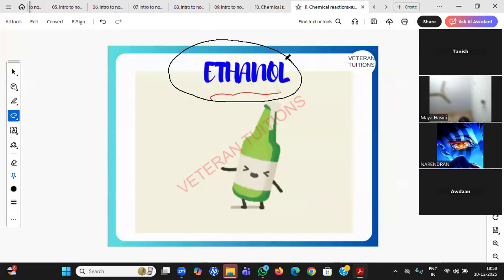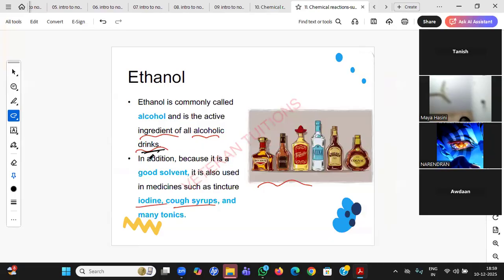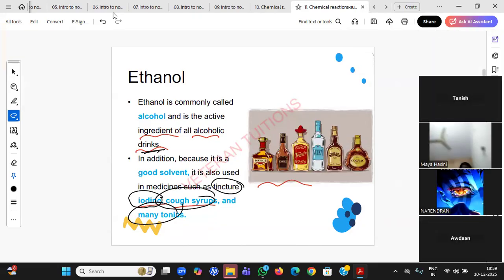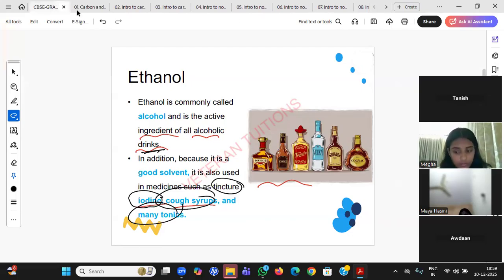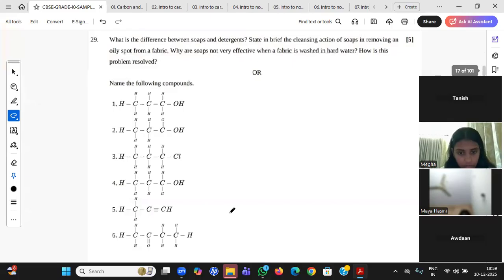You see, alcohol is definitely used by people as a beverage. And it is used in limited quantity in tincture iodine, cough syrups, many tonics.